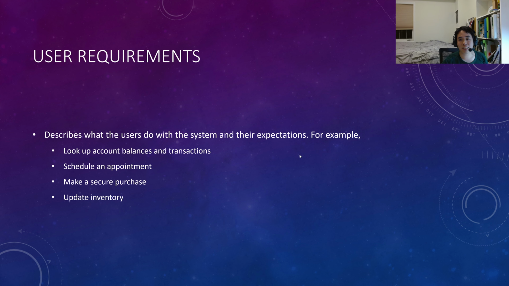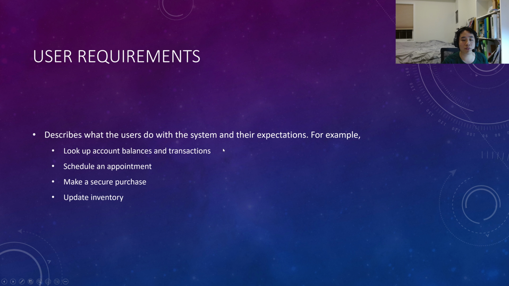Okay, next is user requirements. For user requirements, we look into what the users will do with the system and what they expect when it comes to how the system will respond. For example, the user should be able to look up account balances and their transactions.